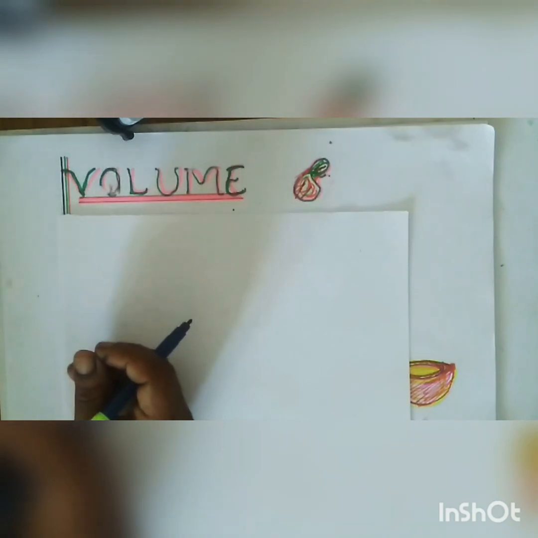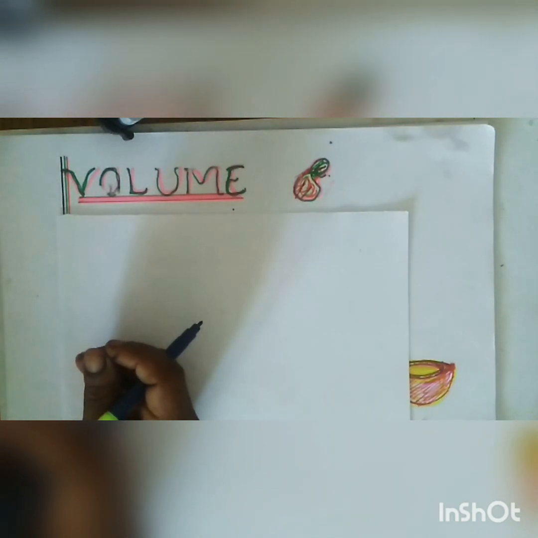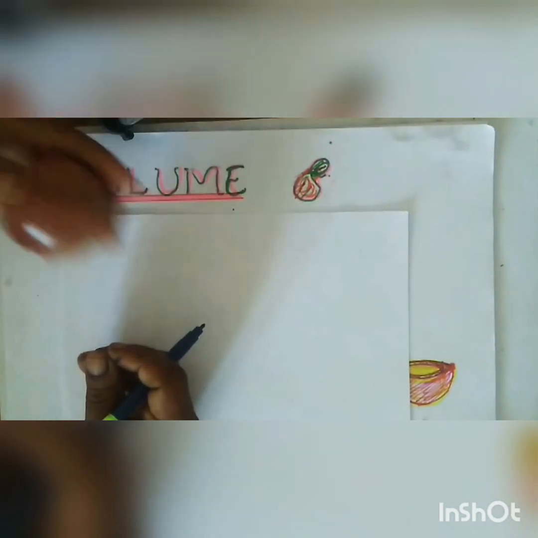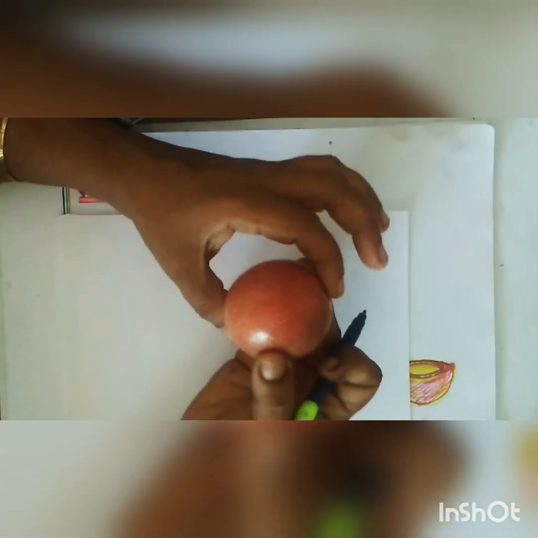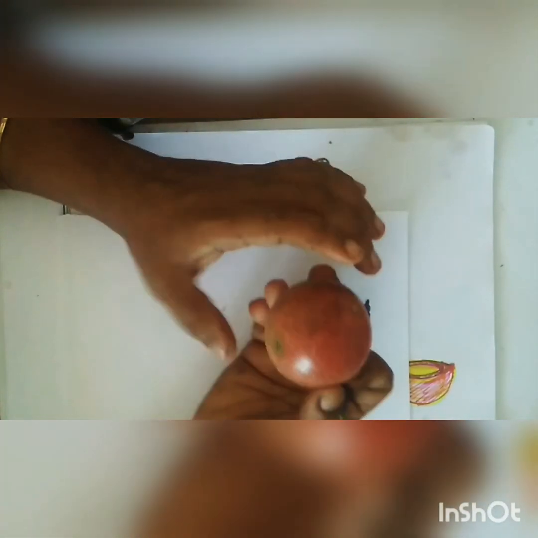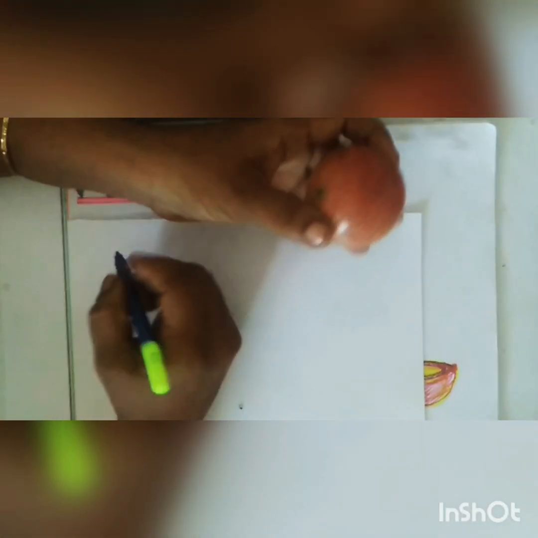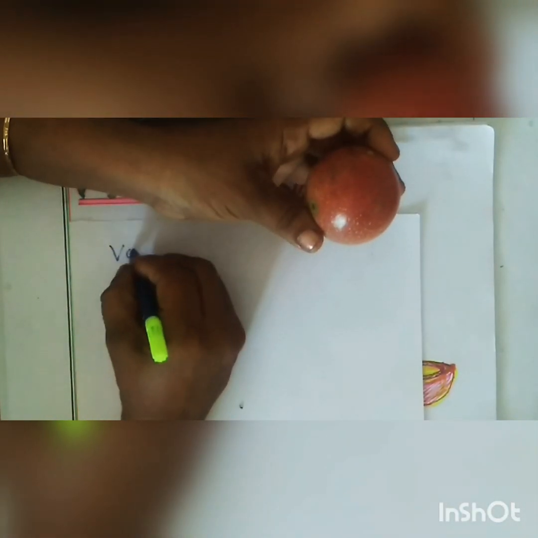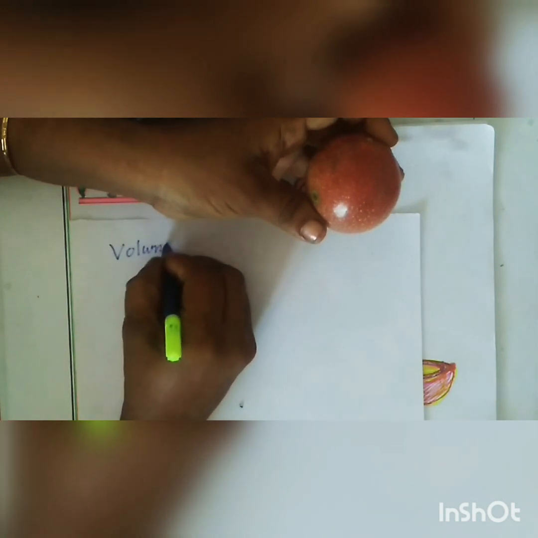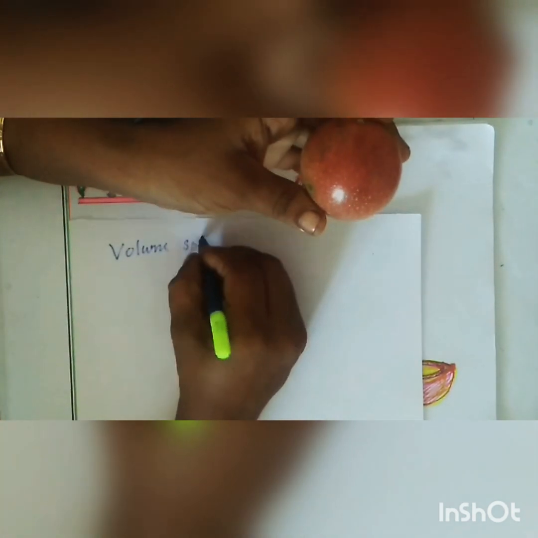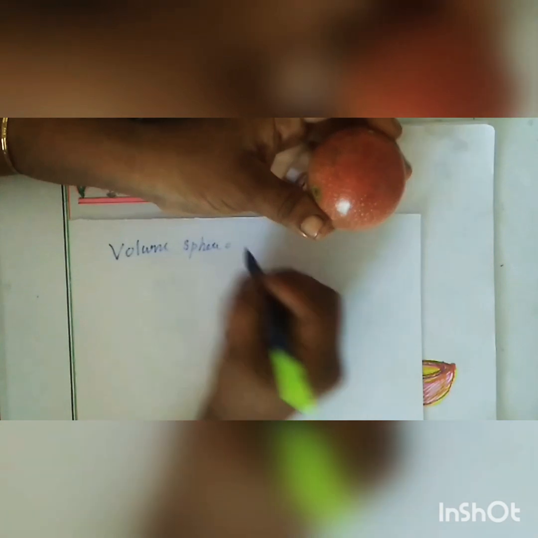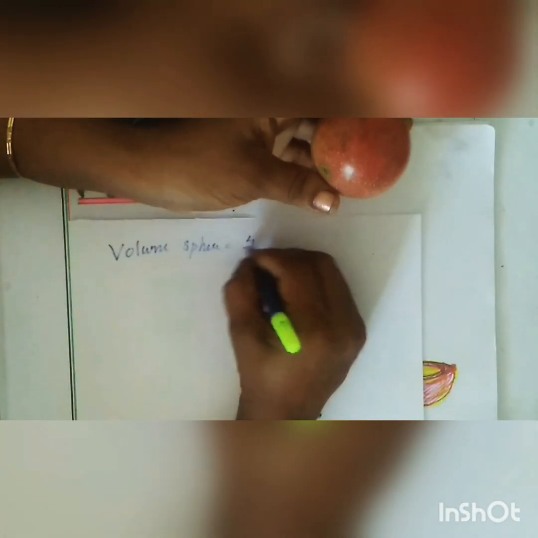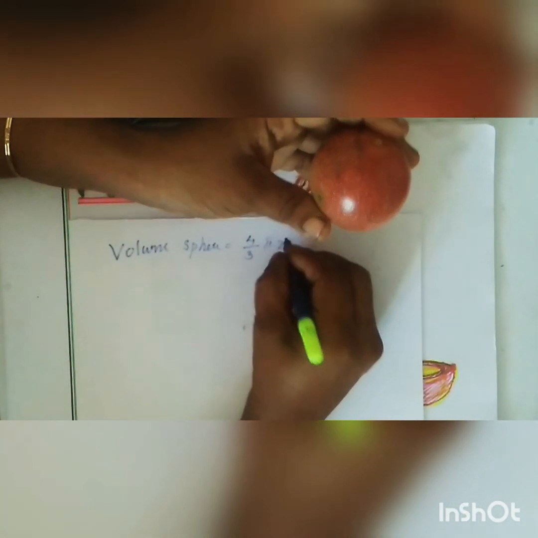Next, sphere. Here is a typical sphere. This is a passion fruit, and the volume of this sphere is equal to 4 by 3 pi r cube.